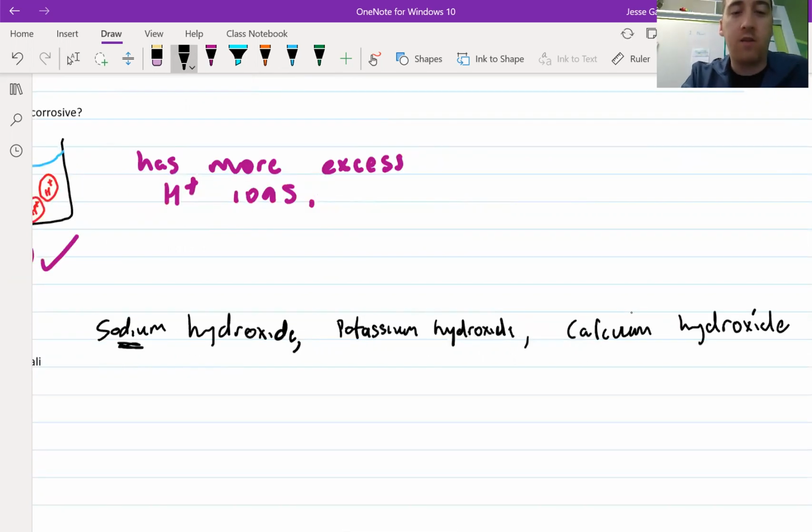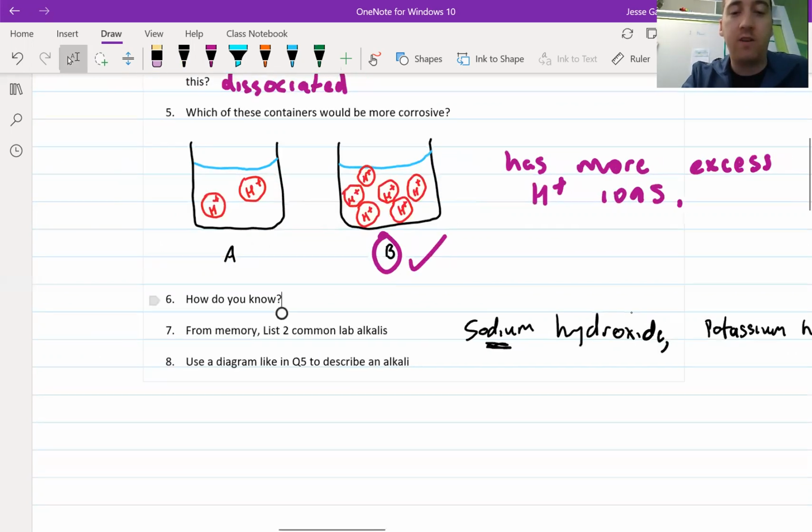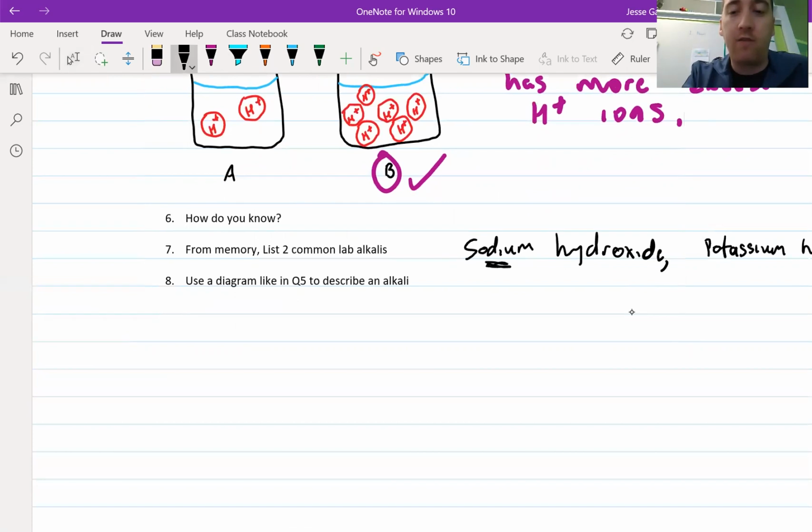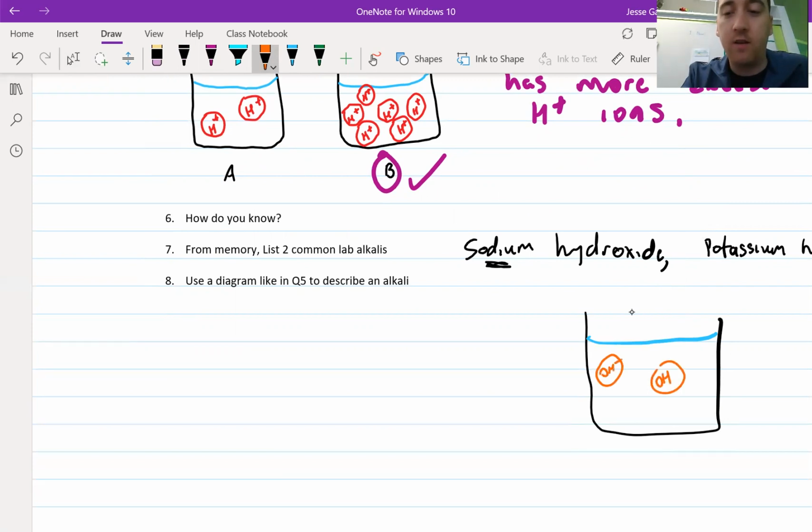Okay, and use a diagram like question 5 to describe an alkali. All right, so we've got to have a container. Inside the container should definitely be some water. And then in the water, if it's going to be an alkali, it's got to have OH- ions dissolved.